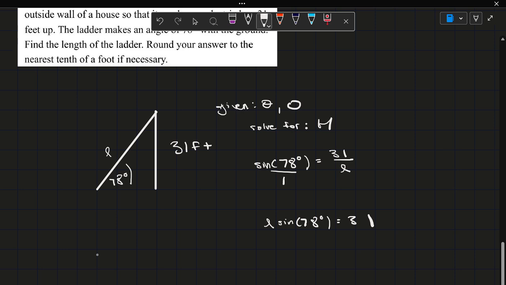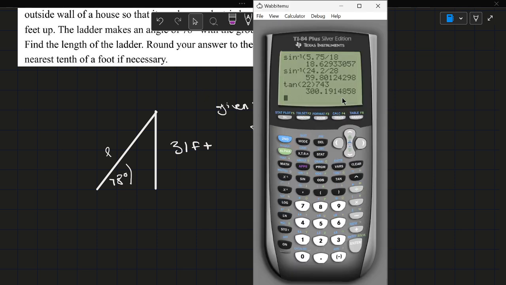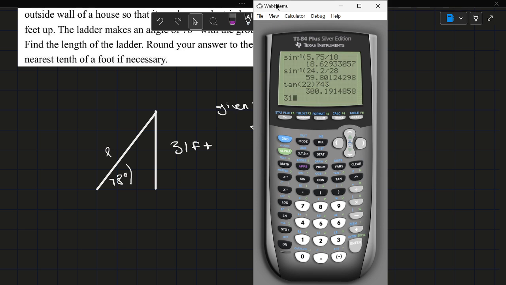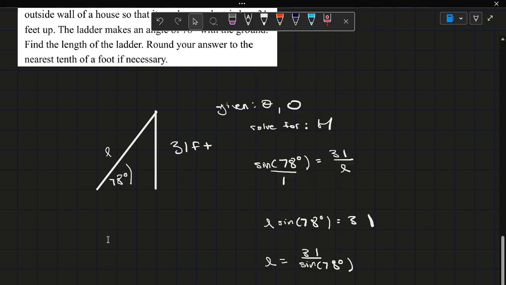So then from here, our answer is L is equal to 31 over sine of 78 degrees. Let's plug that in real quick. So 31 divided by sine of 78. So the length of the ladder is 31.7 feet.